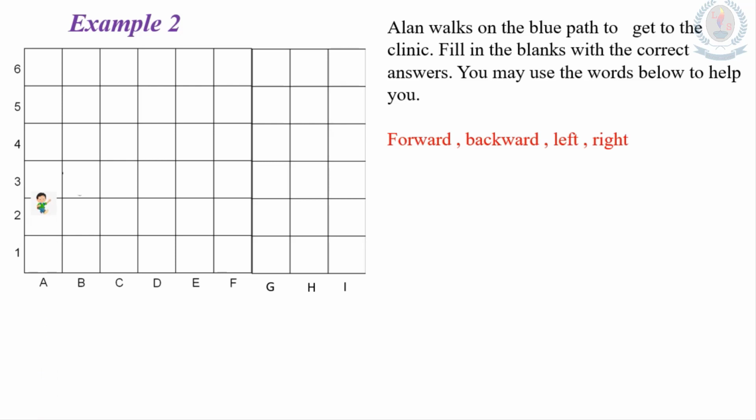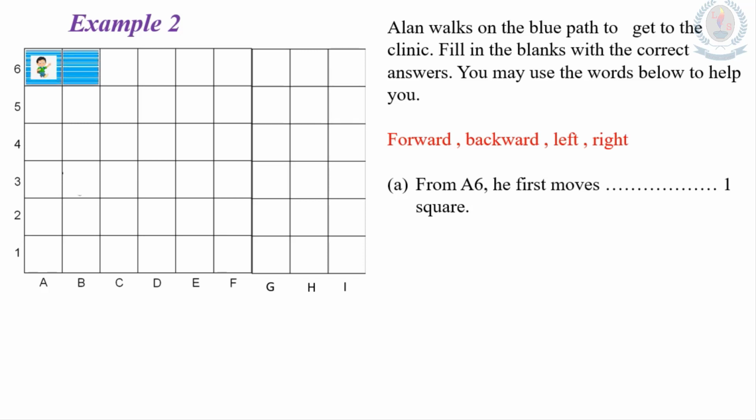Question A. From A6, he first moves blank 1 square. Okay, then what can we use? Very good. Forward.